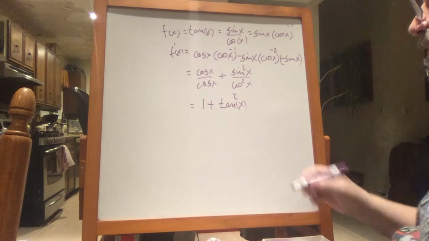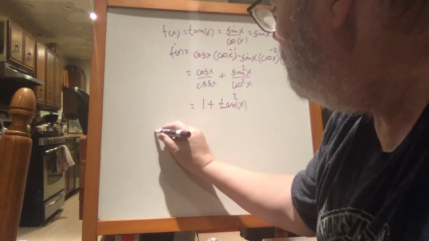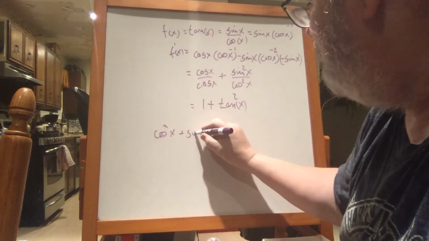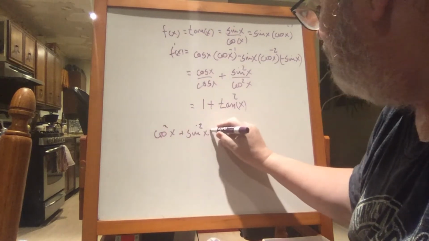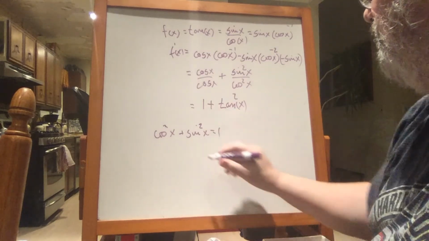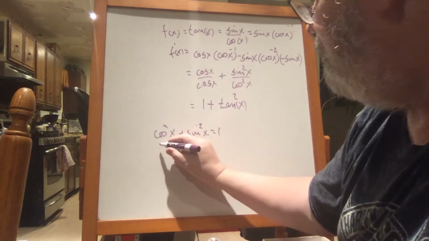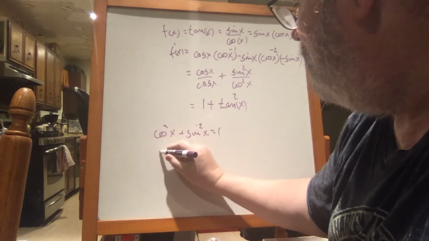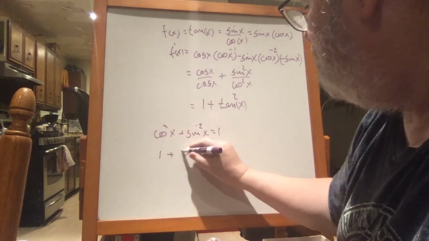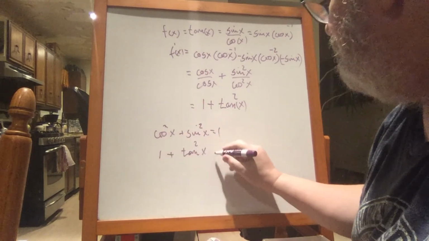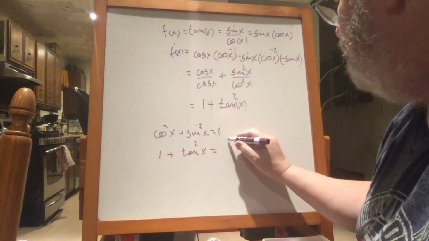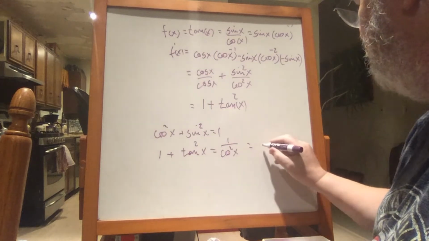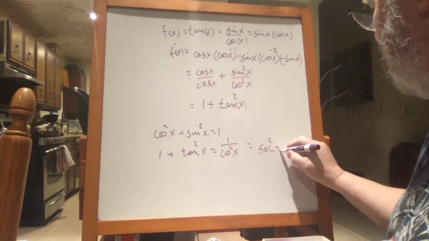But remember our identity, cosine squared of x plus sine squared of x equals 1. Well, if we divide through by the cosine squared of x, we have 1 plus tangent squared of x equals 1 over cosine squared of x, and that's equal to secant squared of x.